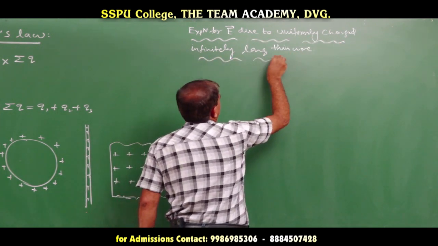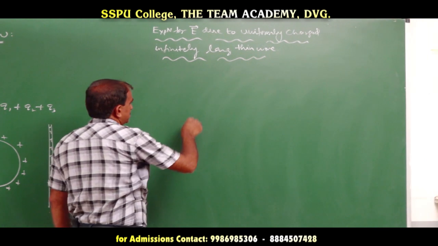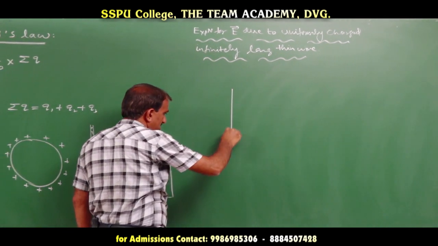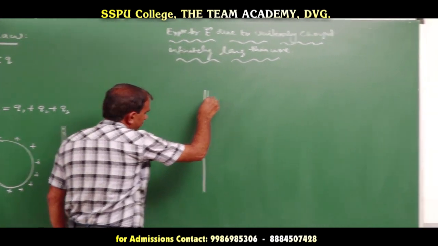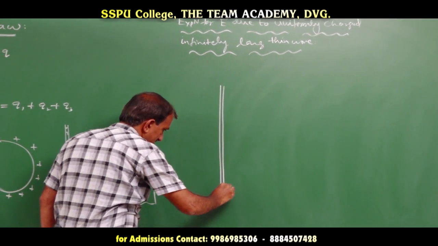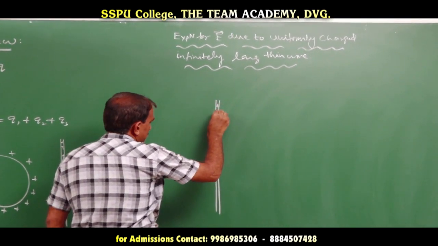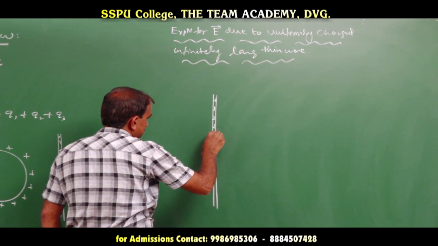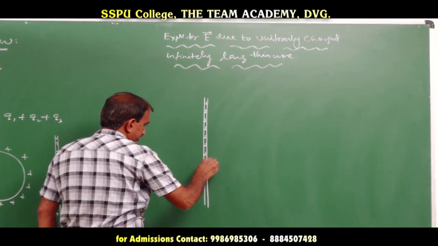Let us consider a uniformly charged infinitely long thin wire. Suppose this is an infinitely long thin wire. These are the charges distributed on the surface of the wire.